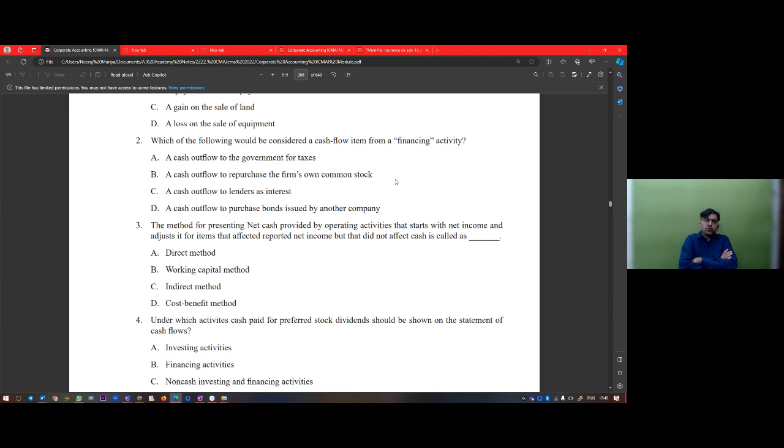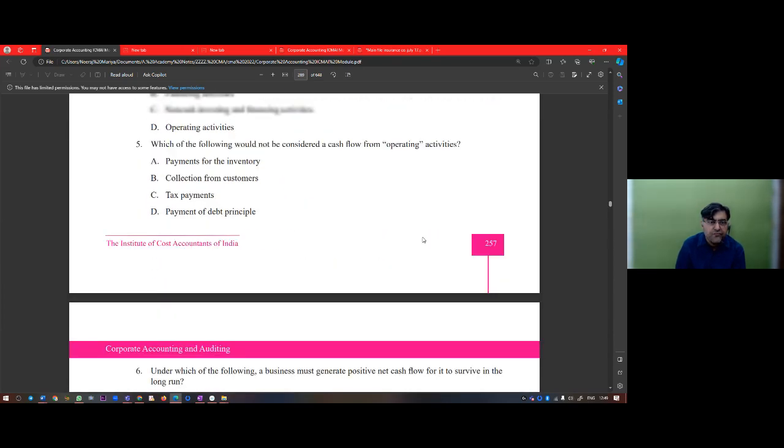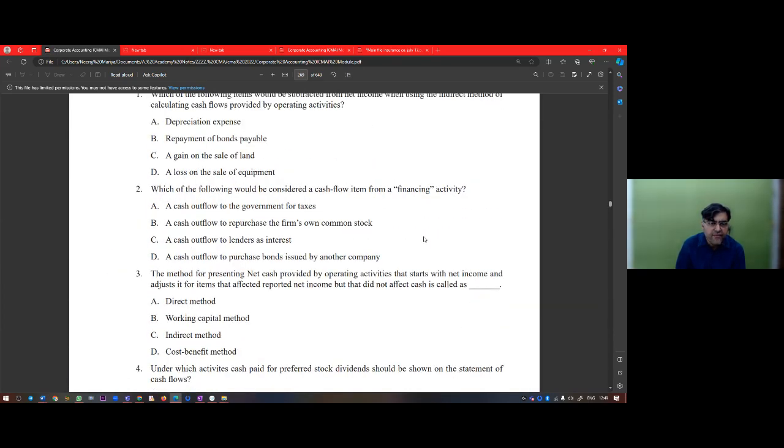Cash outflow to the government of taxes, no. Cash outflow for repurchase of firm's own common stock, no. Cash outflow to lenders as interest, yes. Cash outflow for purchase of bonds, no, that is investing. Answer is C. Why B? Financing, payment to lenders. Answer is C.